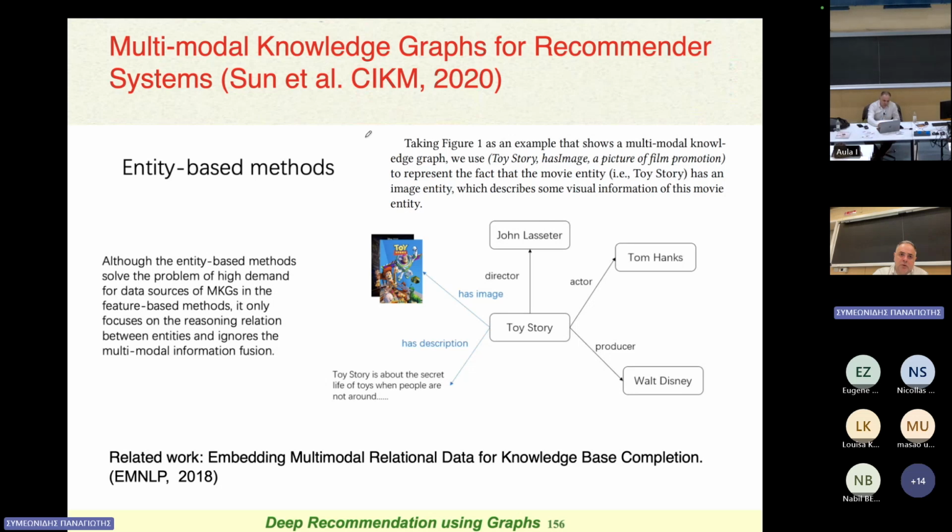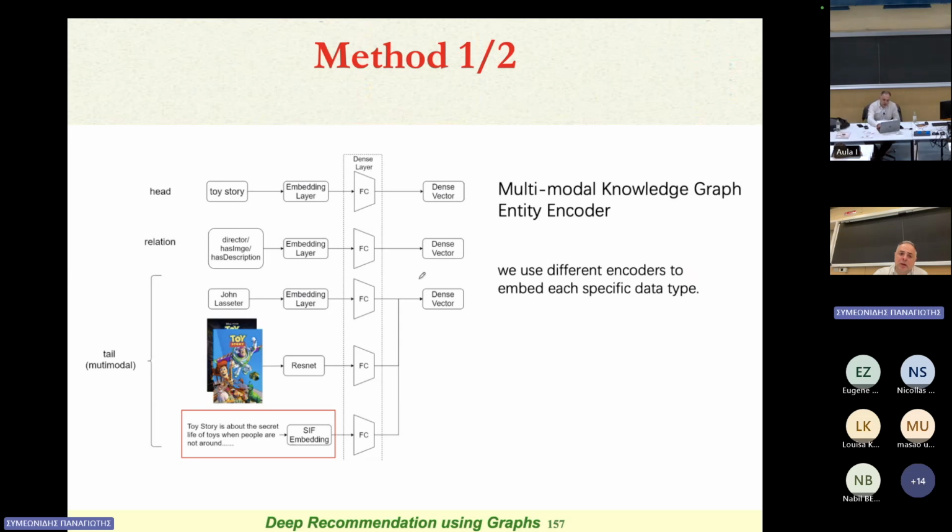Here is another work about multimodal knowledge graphs for recommender systems. In this work, the authors incorporate into their models not only user-item information or textual information, they take photographs.